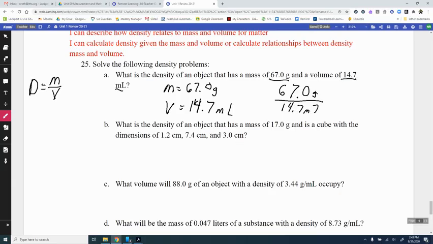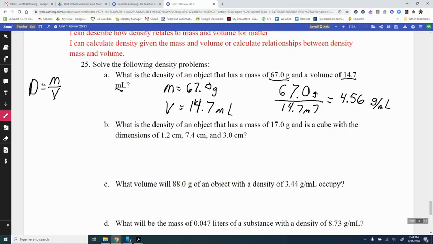And we get 67 divided by 14.7, 4.56 grams per milliliter. Okay.